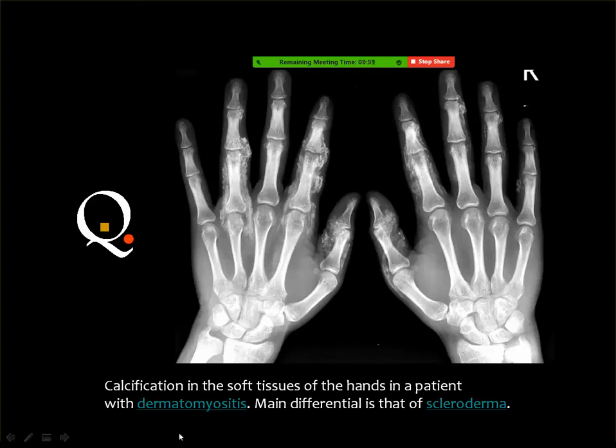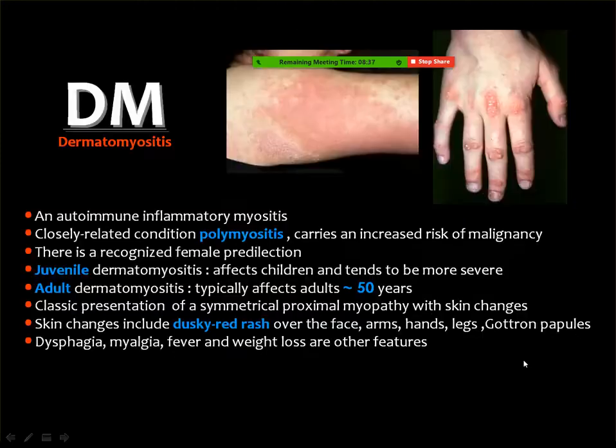Yes. Dermatomyositis. The answer is shown actually. Here you have extensive calcification in the soft tissues around the fingers and also in the subcutaneous tissue, but the bones look normal and the joint spaces are maintained, and this is dermatomyositis.